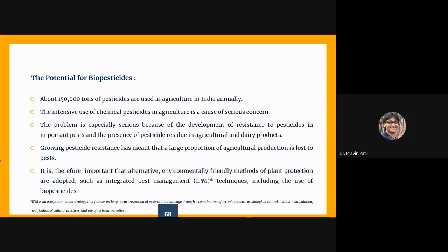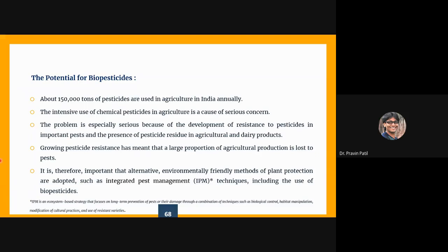When pesticides are applied over the field, only the pests on the plant will be affected, but simultaneously the other friendly microbes and friendly insects, those having a symbiotic association with that particular crop, will also get killed in the process. And that is why eliminating the chemical pesticide is very important.